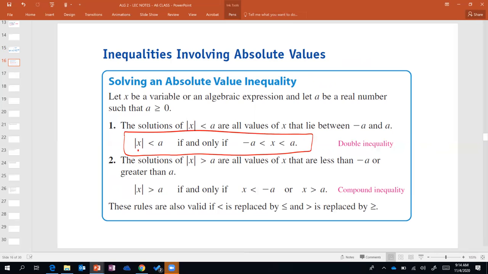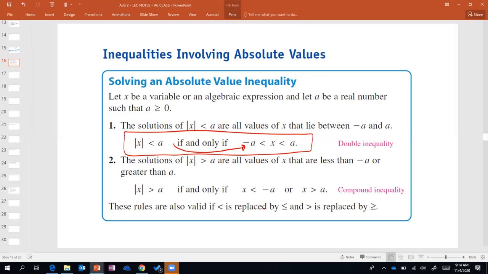That was the rule that we just did. So if the absolute value is less than an A value, it turns into this right here, which is what we did with 4. So less than or equal to, it doesn't matter, it's going to work the same way.